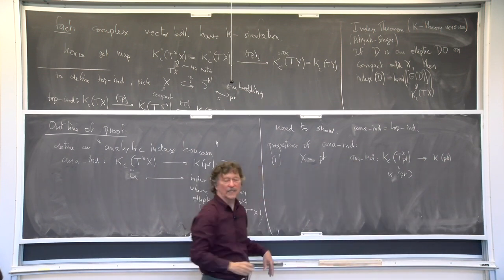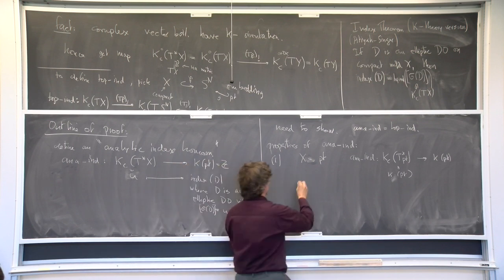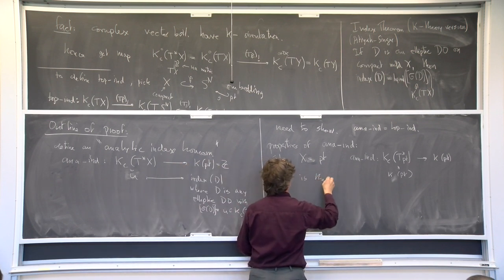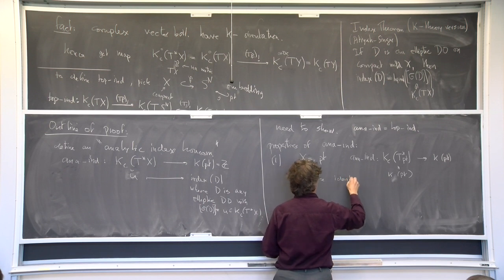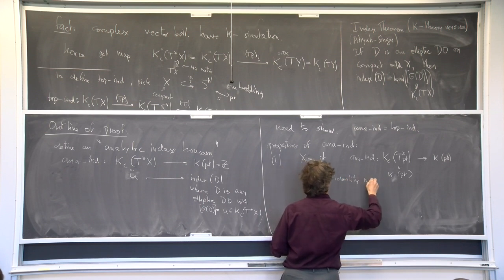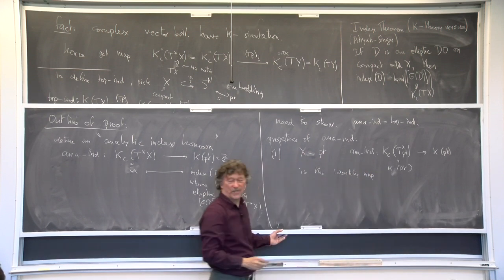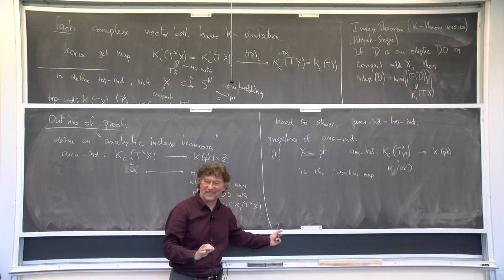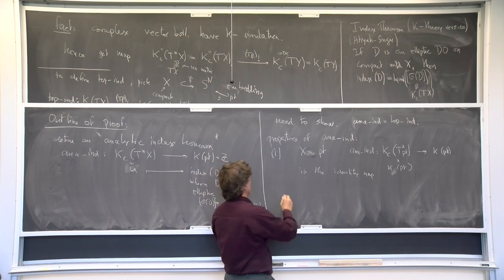You want to say, oh, that's the identity map, right? So that's not hard to show, since we totally understand elliptic operators on the one point.